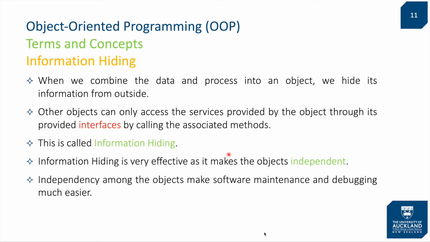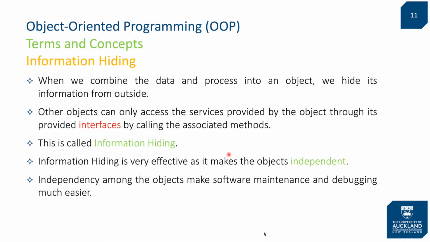And as a user of the class, for example, as a student, all you need to know is that these are the services that are publicly advertised for you as a lecturer, and you can request me to perform them for you. How it's been done, you're not concerned about that. This is called information hiding, and it's a very important concept in object-oriented programming.